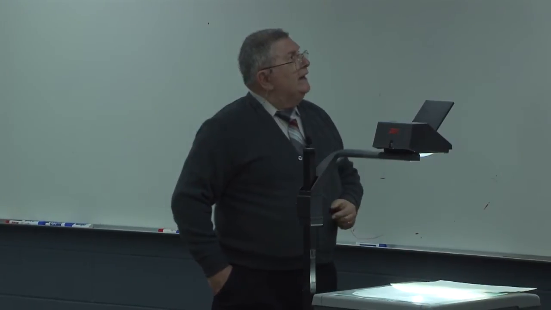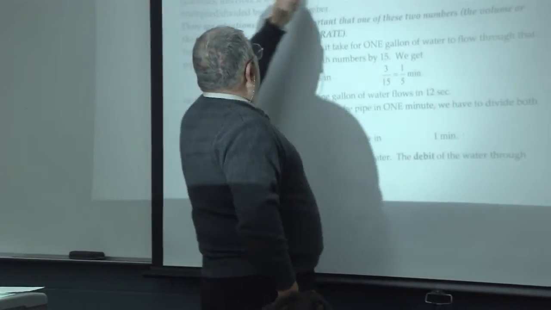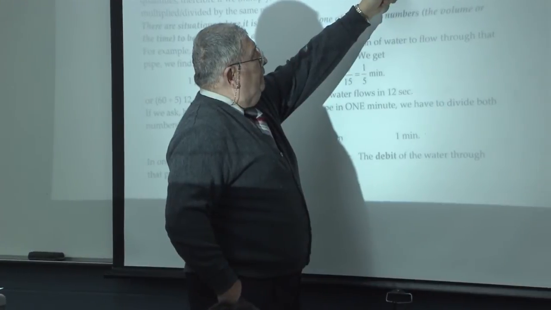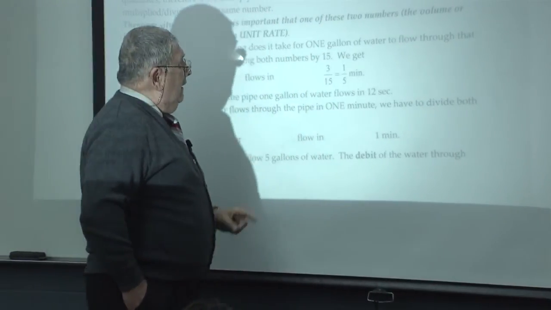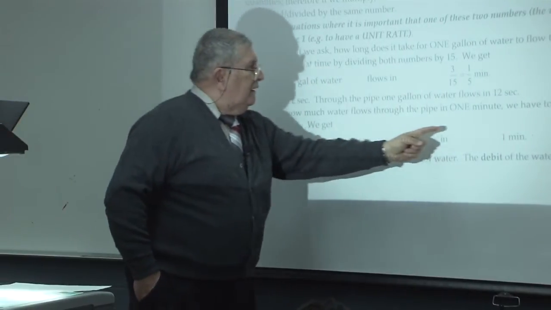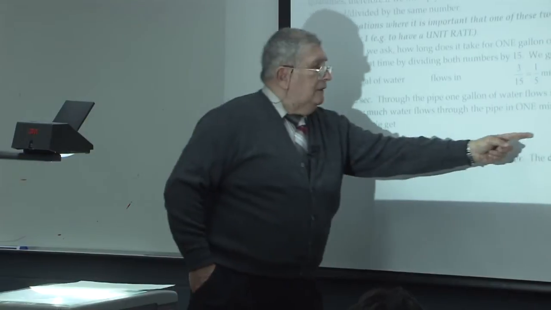To the contrary, if I want to know what quantity flows through the pipe in 1 minute, then I will divide everything by 3. So 5 gallons of water flow in 1 minute.